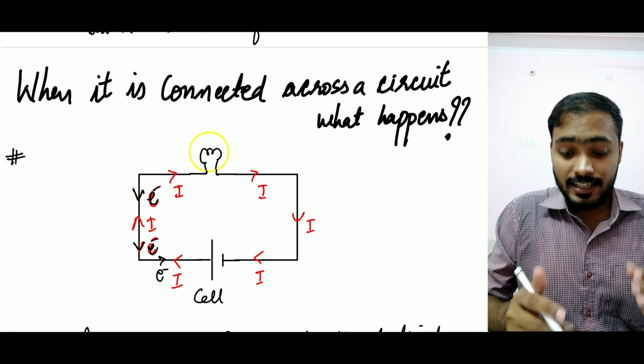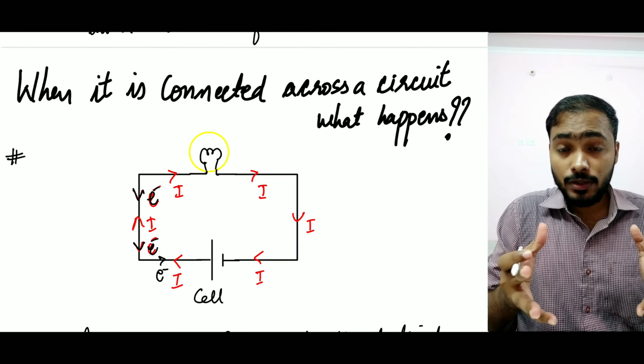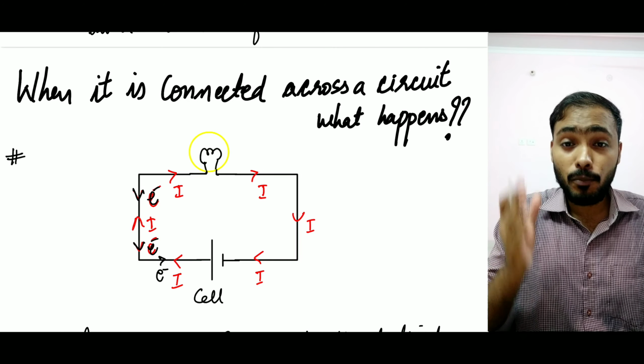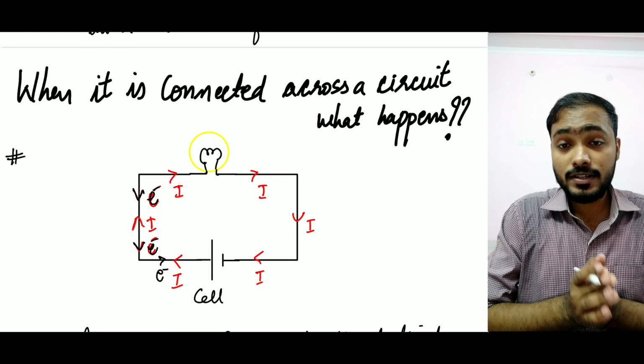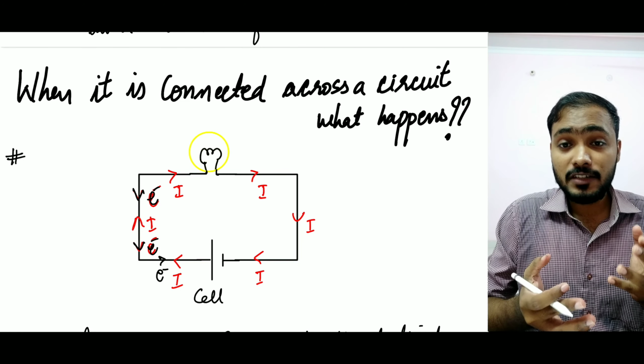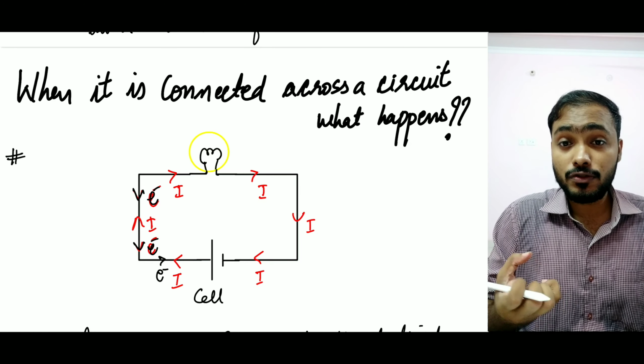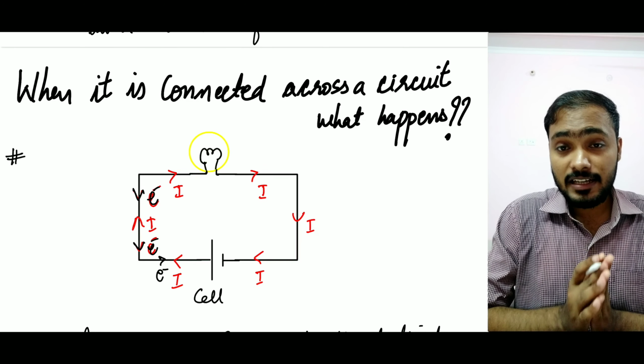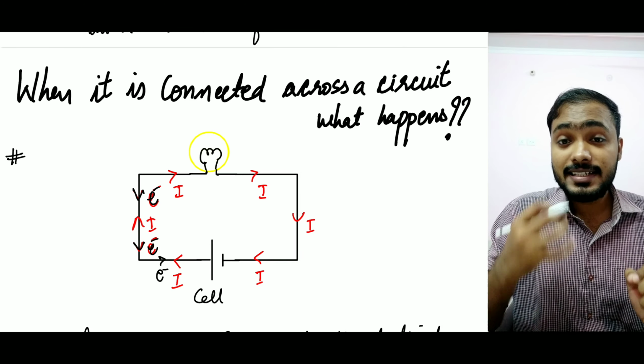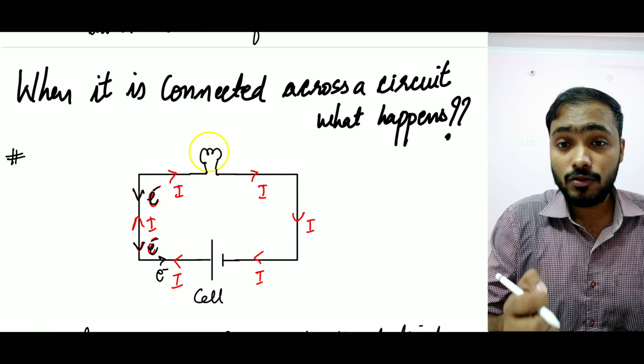So what does the cell do here? The cell creates a potential difference across its terminals, and because of that, electrons are forced to move. That is the first thing the cell does. The second thing is that the cell gives energy to your electrons.